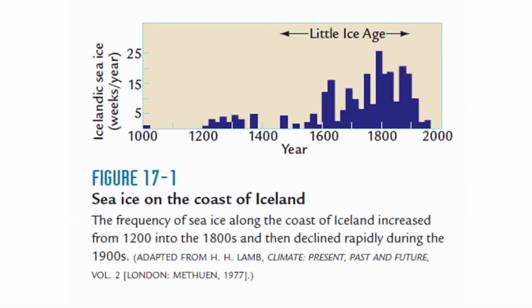So this is showing the sea ice in the Icelandic region coming out of the medieval warm period began to increase and then went up quite a bit. Again, the ice albedo feedback would have kicked in. More ice means more reflectivity, more albedo, less energy being absorbed, cooler temperatures further increase the freezing.